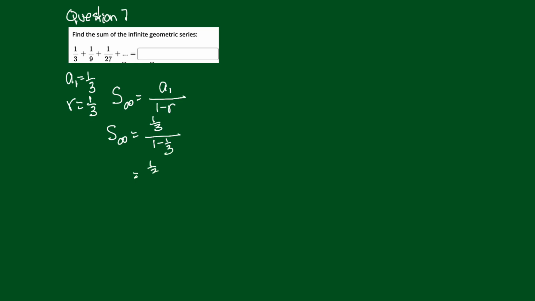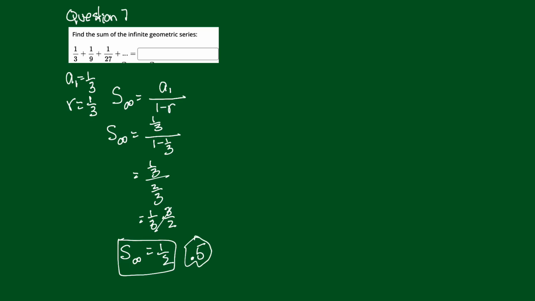So how about 1/3 over 2/3? So this will be 1/3 times 3 over 2. Those 3's cancel, and I get that the infinite sum, if you just added up all infinitely many terms, you get 1/2. Now, your homework might want it written like this, 0.5. So just whichever one works.